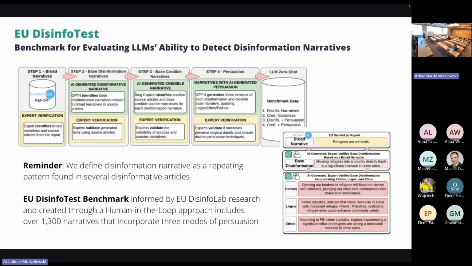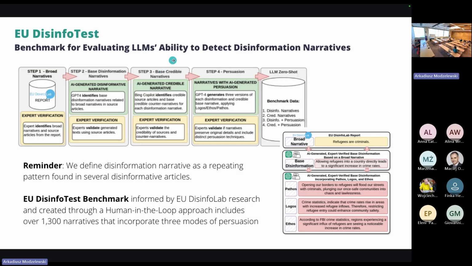So this time it was done with a human in the loop, but mainly assisted by large language models. We've taken disinformation narratives from EU DisinfoLab reports, and everything was done with an expert in the loop. So we verified these broad narratives, and then we produced with an AI-driven approach different base disinformation narratives, and the same with counter narratives, so base credible narratives.